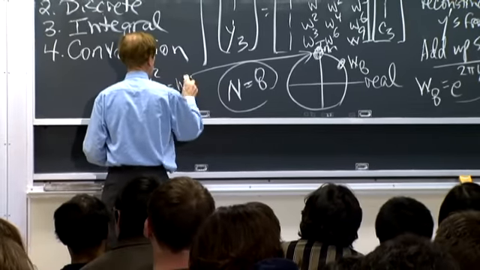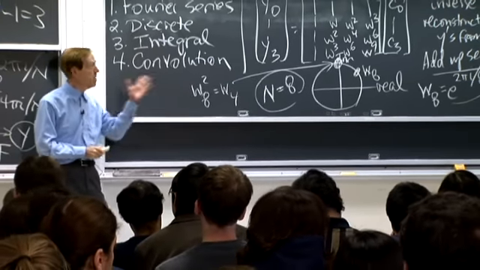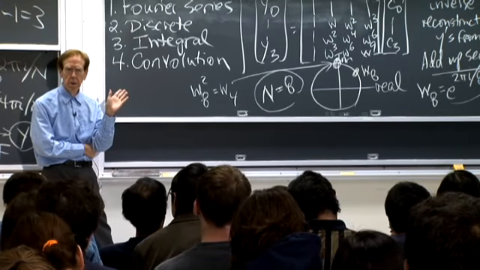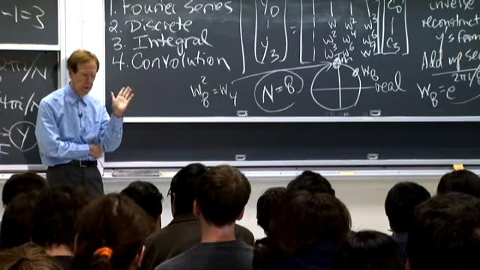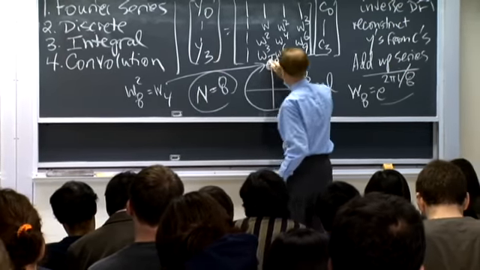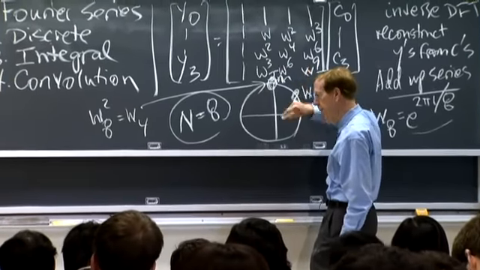And it's the same as W4 because it's 1/4 the way round. And what is that number in ordinary language? It's i, right? It's on the unit circle at 90 degrees, on the imaginary axis.